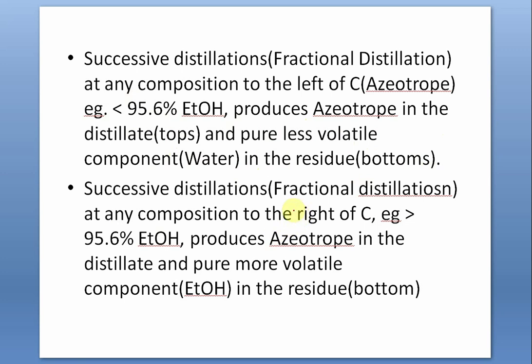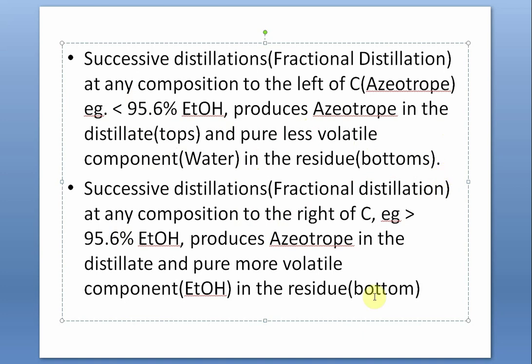Successive distillation or fractional distillation of any composition to the right of C, that is the percentage of alcohol more than 95.6%, produces once again azeotrope in the distillate and the pure more volatile component, ethanol, in the residue.